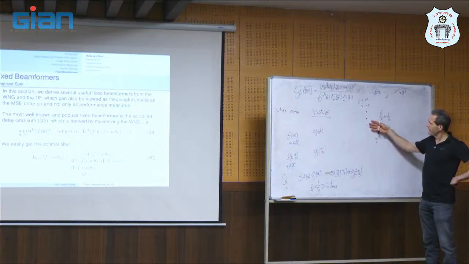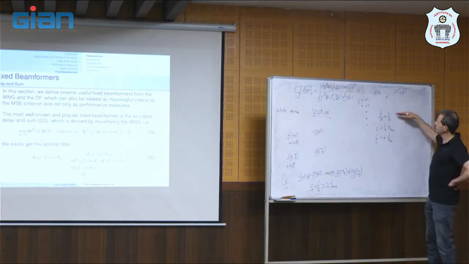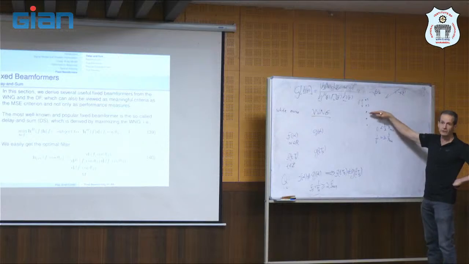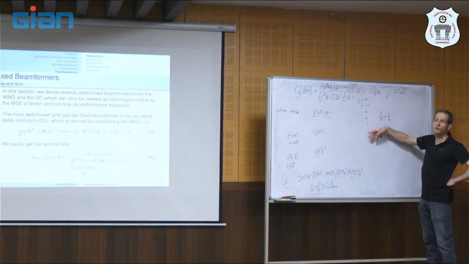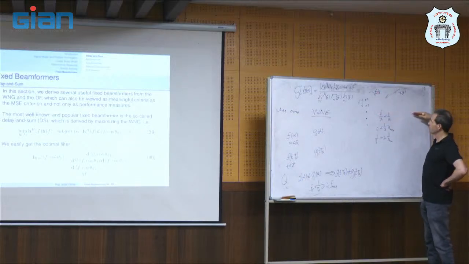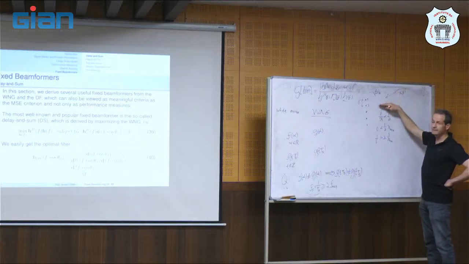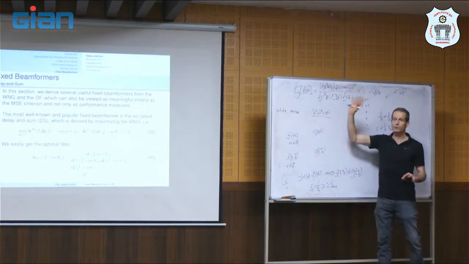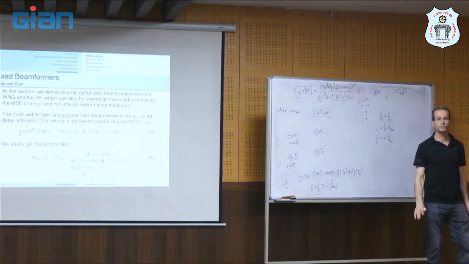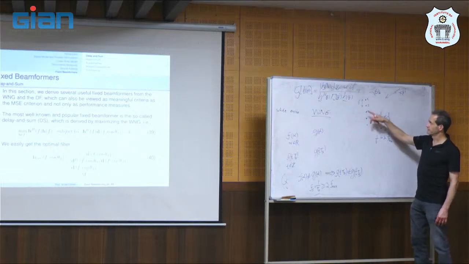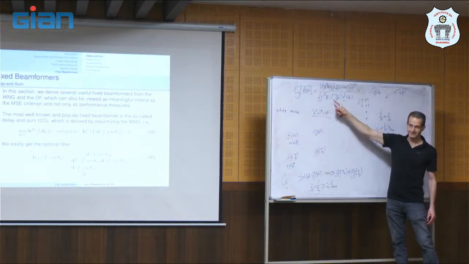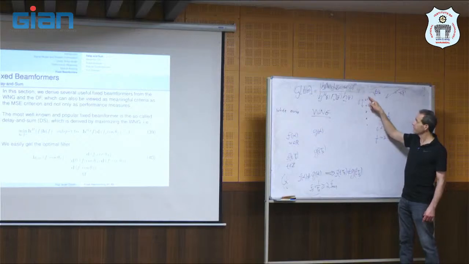If we have uncorrelated noise, and the signal comes from, say, the broadside direction, how can you minimize the variance of the noise? For a certain direction of the signal, theta d, you have the distortionless constraint, no distortion, and you want to minimize the thermal noise. How do you do that? By averaging.